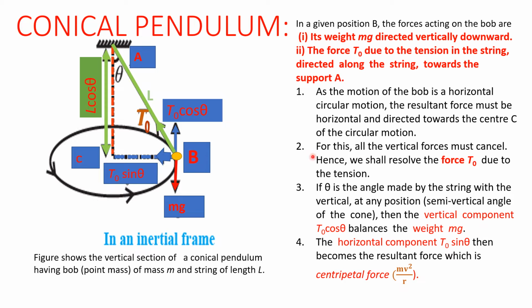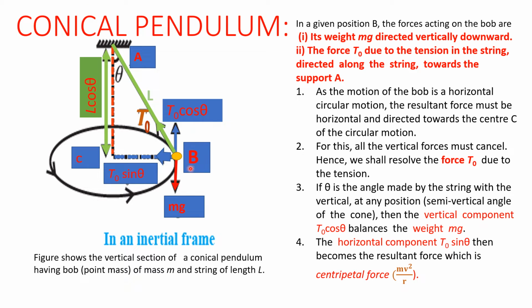As the bob performs a circular motion, the resultant force must be horizontal and directed towards the center C of this circular motion, and all the vertical forces must cancel out.